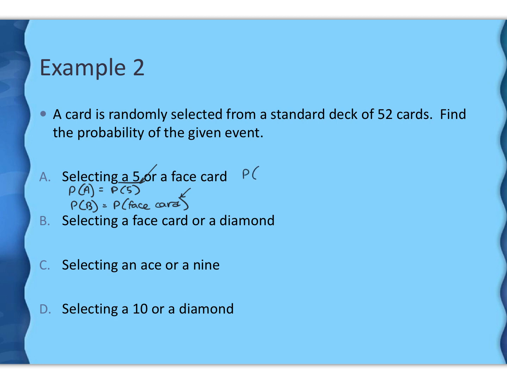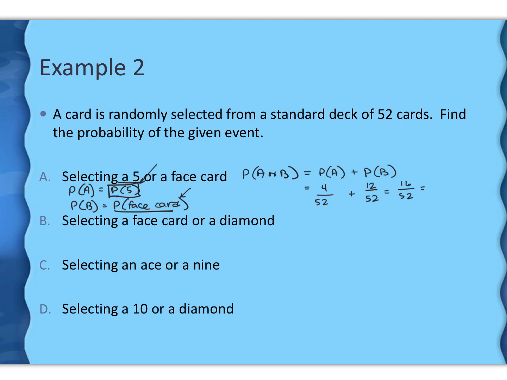So the probability of A or B, in this case, because there's no overlap, is just going to be the probability of A plus the probability of B. So the probability of getting a 5, well, there's 4 5s out of 52 cards. And the probability of a face card, there's 12 face cards out of 52 cards. So the probability of either or is going to be 16 over 52. And again, you can now simplify.